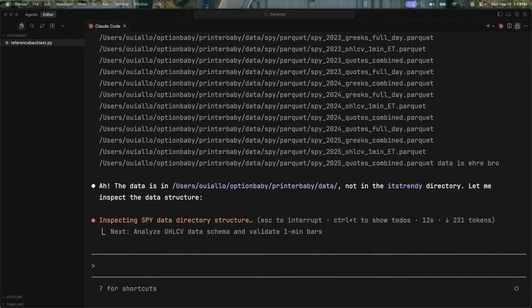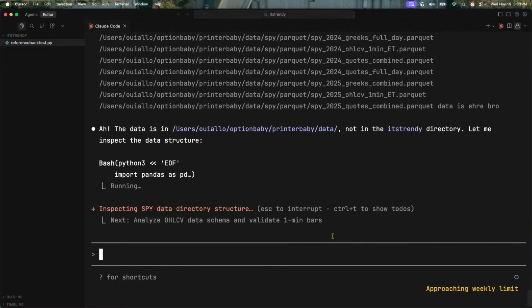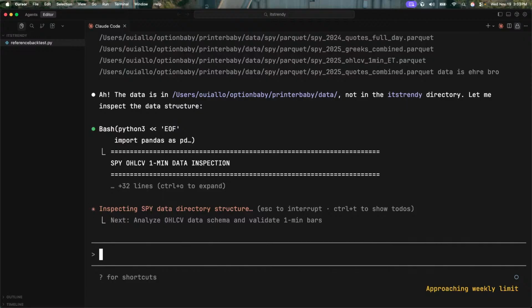Boom. Approaching weekly limit. Okay, hold on. Hold your horses. Oh, yeah, but we're Gucci. Y'all don't even pay attention.